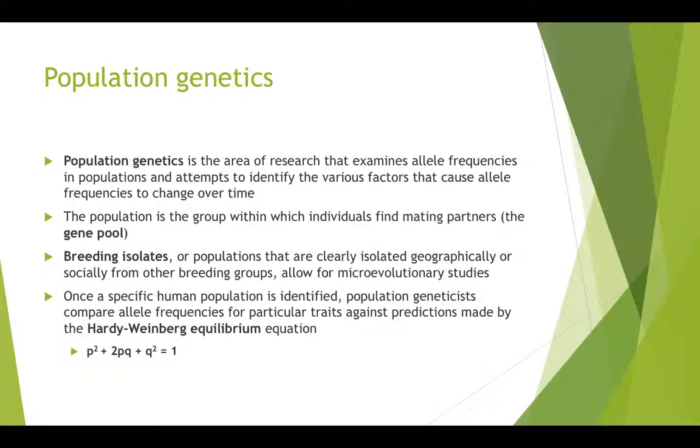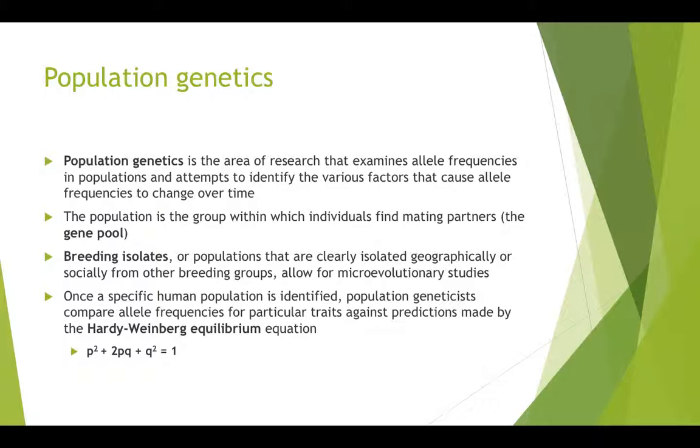And so we expect things like this equation: p squared, that's homozygous dominant, plus 2pq, which is heterozygous, plus q squared, that's homozygous recessive, equals 1. We expect for allele frequencies to follow this general rule of thumb.